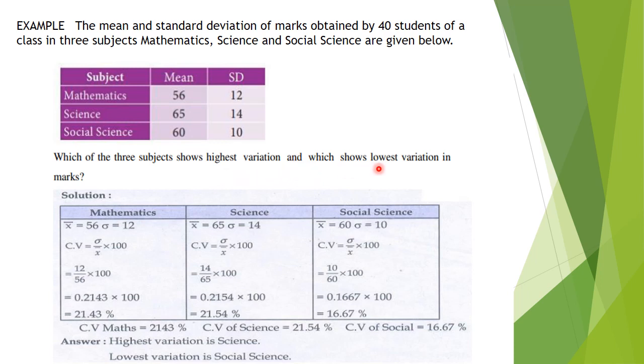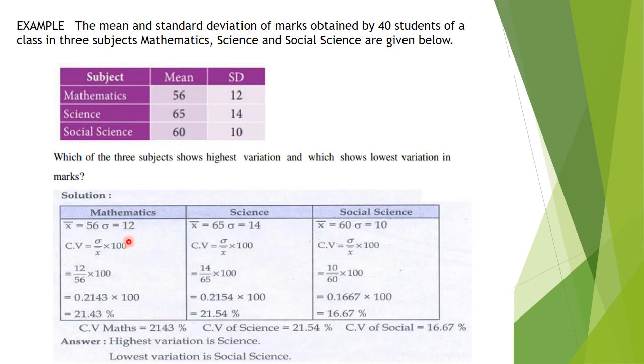Now we will find the coefficient of variation in science. Mean is given to us, standard deviation is also given. We need to find CV, which is standard deviation upon mean into 100. Put all these values in this formula, we will get 21.54%.